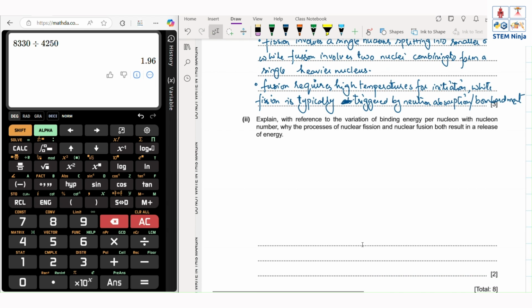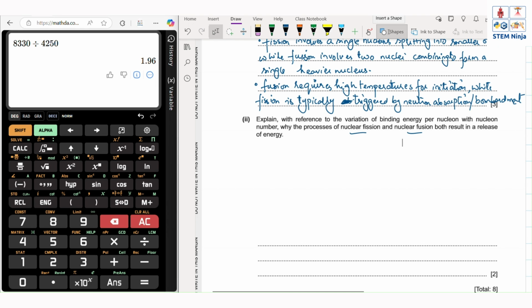Explain with reference to the variation of binding energy per nucleon with nucleon number why nuclear fission and nuclear fusion both result in a release of energy.